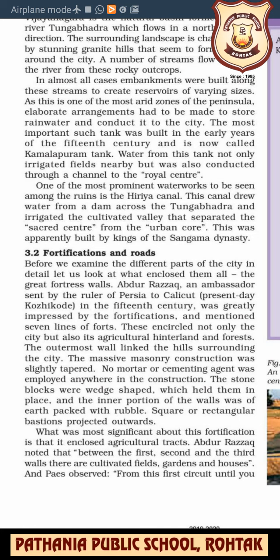So the area between the first, second and third walls consisted of cultivated fields, gardens and houses. Domingo Paes observed that from this first circuit until you enter the city, there is a great distance, because, as we just saw, the complete city was covered under fortification.